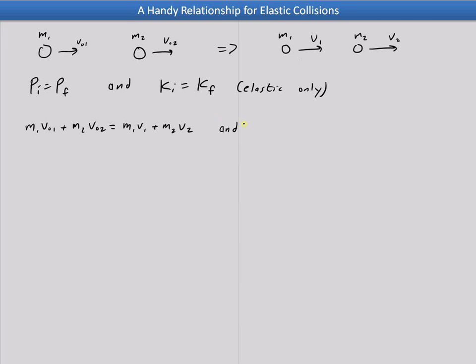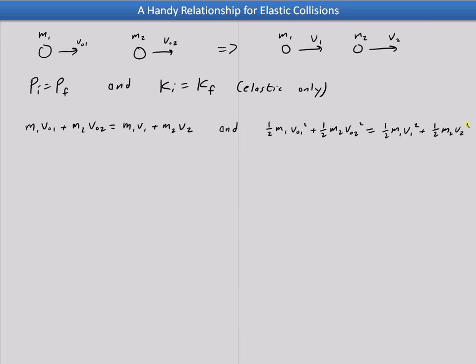And conservation of kinetic energy gives us a very similar looking equation, except it's going to have a half and it's going to have velocity squared. So the first term would be 1/2 m1 v initial 1 squared plus 1/2 m2 v initial 2 squared is equal to the final state, which is 1/2 m1 v1 squared plus 1/2 m2 v2 squared.